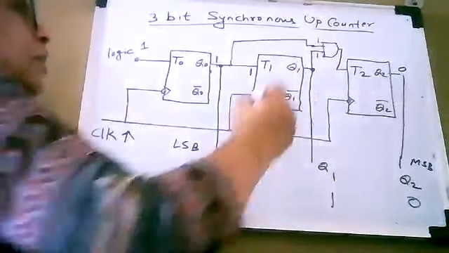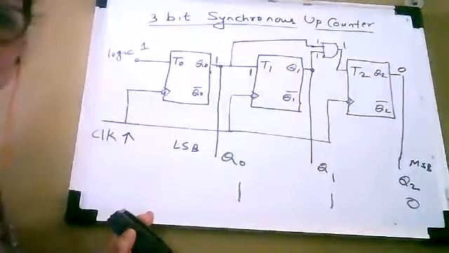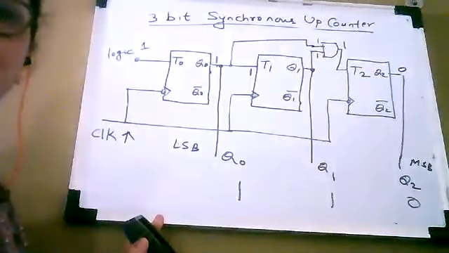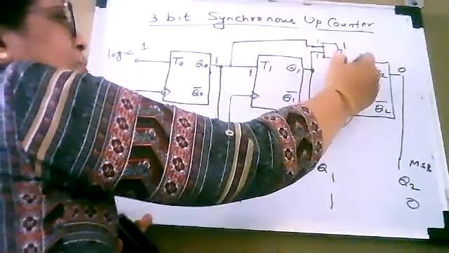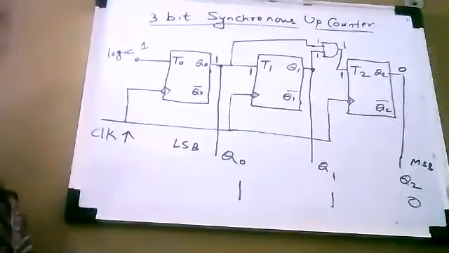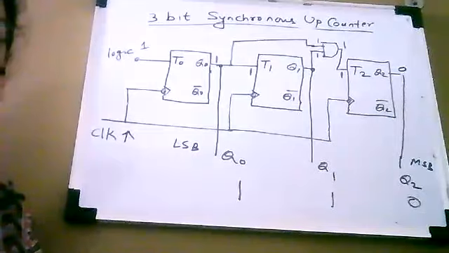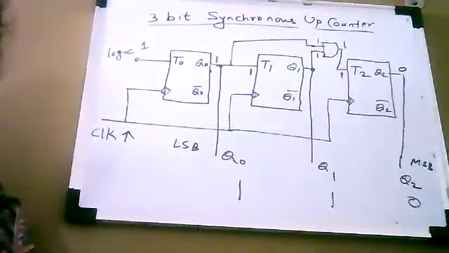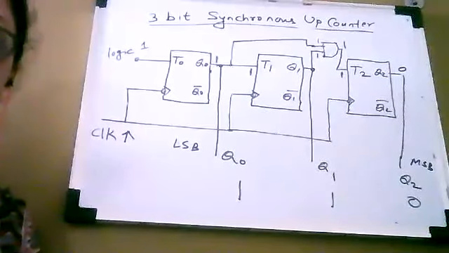So now after all these counts the output of the AND gate is becoming 1, and this 1 is applied as input to flip-flop number 3. So now you can see all the 3 flip-flops are having logic 1 as input.